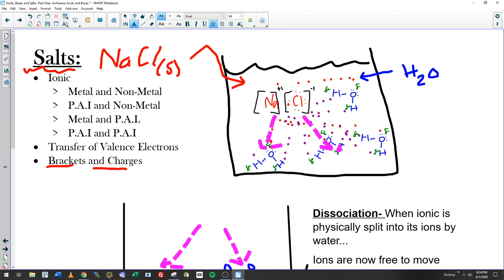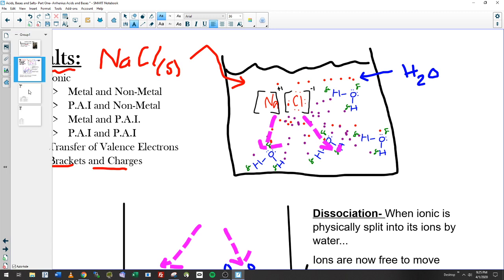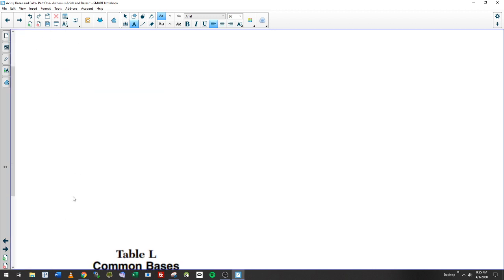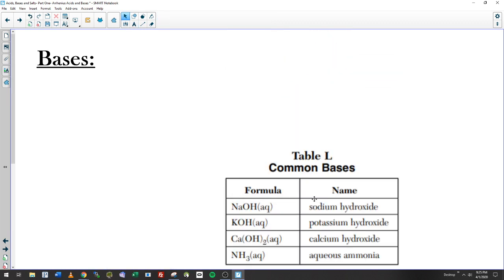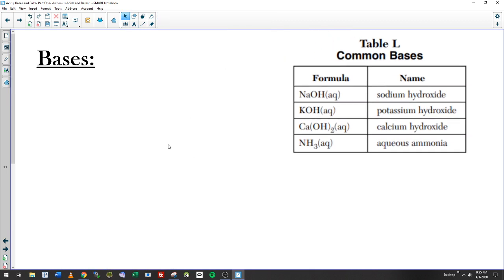Okay, so the word salt means anything ionic. Let's talk about bases. This is the table of common bases. This is reference table L from your reference table.